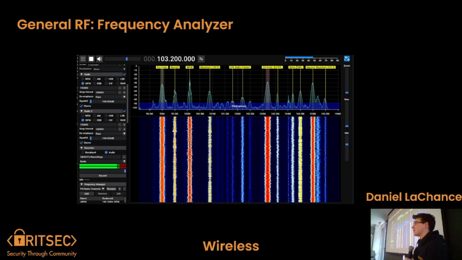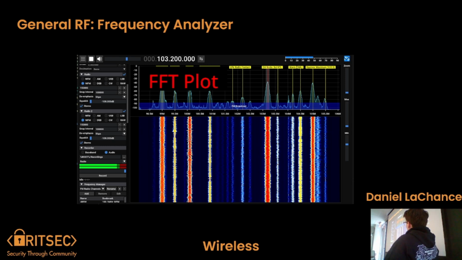So what is a frequency analyzer? That's a good question. If you want to see what stations are around you, you can boot up a frequency analyzer like my favorite, SDR++, which this is, and any of those peaks where there's a really strong signal, that's how you know that there's a station there. And that up there is the fast Fourier transform plot.